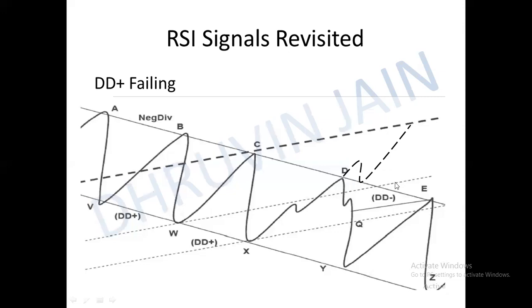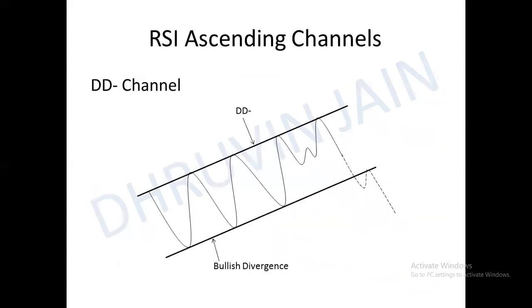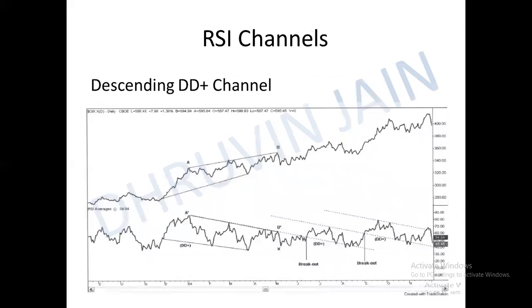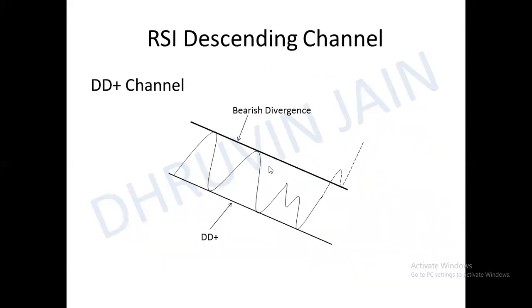Okay, or else some other thing can also occur, but let me show you. RSI is traveling inside the descending channel. That means somewhere we can see that there is a slight chance of RSI range shifts.